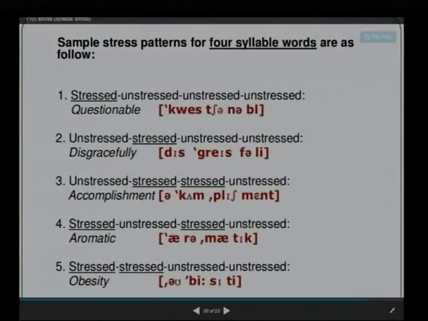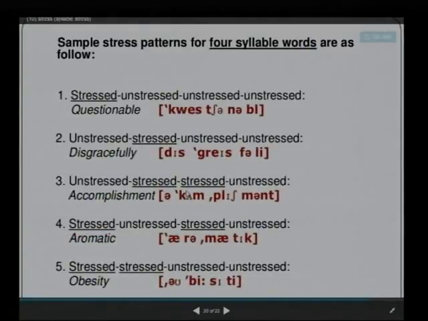We have another word called aromatic. To keep in mind, not every word which starts with A has a schwa in it. Let's look at this pronunciation. We start the pronunciation with the air sound, where we are stressing that, then it is unstressed, followed with a part of the syllable which is stressed, with an unstressed technique again.